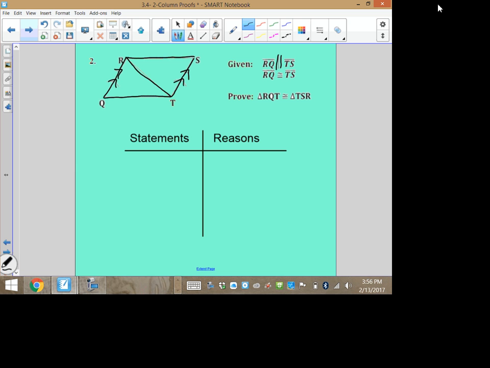So I'm going to write that as my first statement, and that's by given. And then I also know that RQ is congruent to TS. So I'm going to write that next. So I'm going to start out by writing my givens.